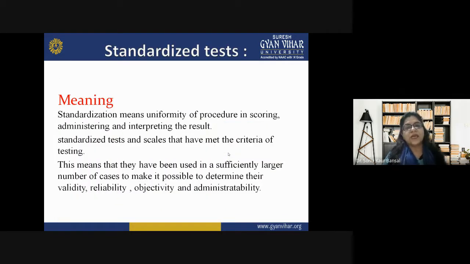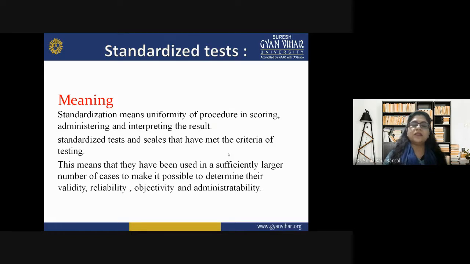Now let's understand first of all about the standardized test. First of all, let's understand the meaning of this term standardized. That means something is already done and tested. It means uniformity of procedure in scoring, administering, and interpreting the results of a particular test.